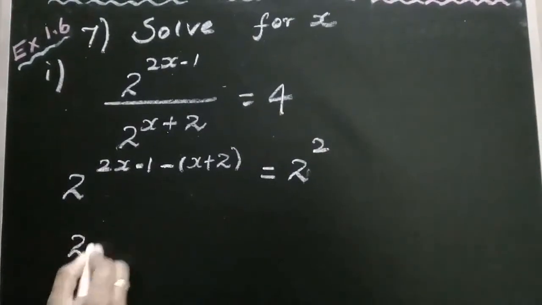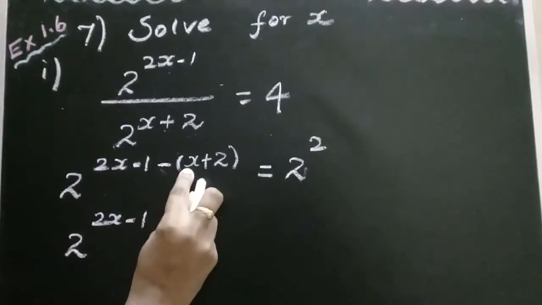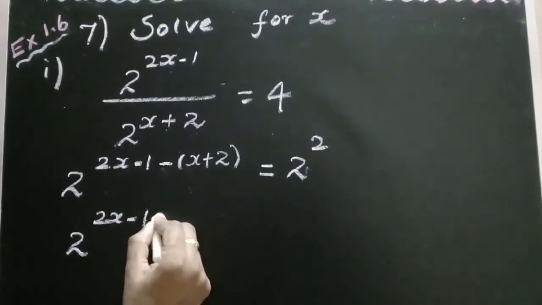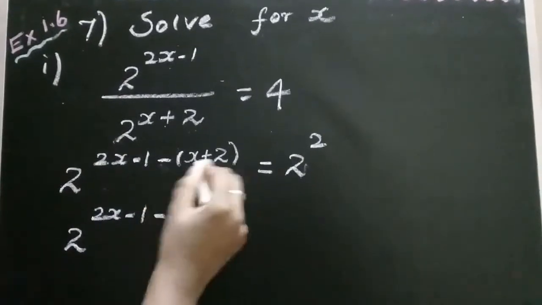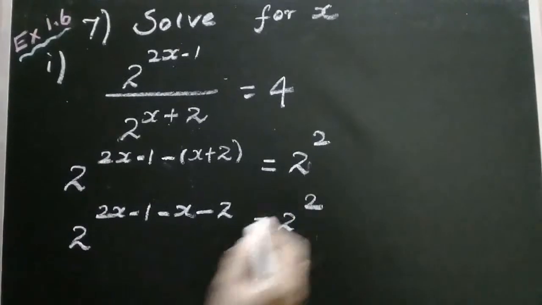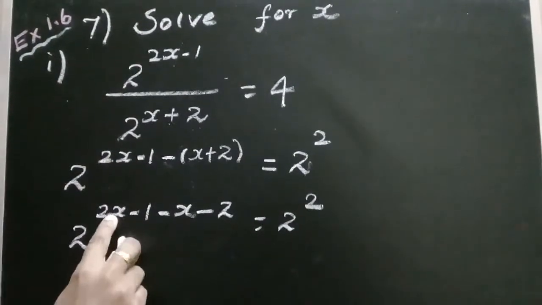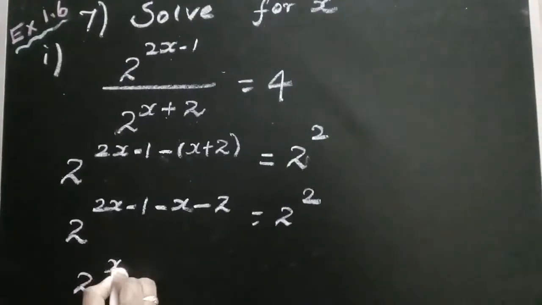Here 2 power 2x minus 1. Here we should multiply the minus sign here. Plus into minus, minus x. Again plus into minus, minus 2 equal to 2 power 2. Now we should add the like terms. 2x minus x, the answer is x.